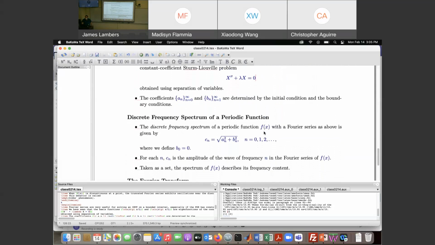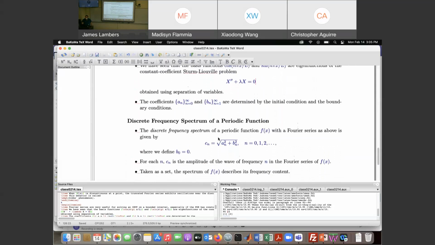Now, this is something that comes up in one of the homework problems. The discrete frequency spectrum of function f has these coefficients Cn, which is the square root of the sum of squares of your Fourier cosine coefficients and Fourier sine coefficients.